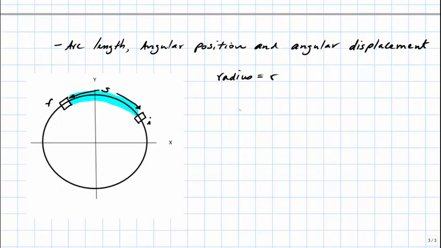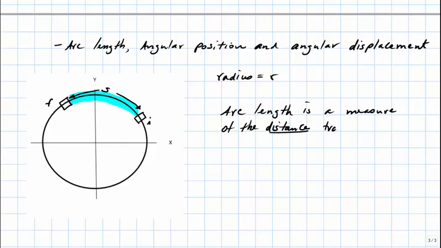S is called arc length, and the definition of arc length states that it is a measure of the distance traveled by an object along a circular path.